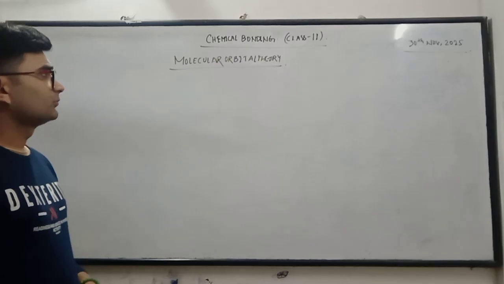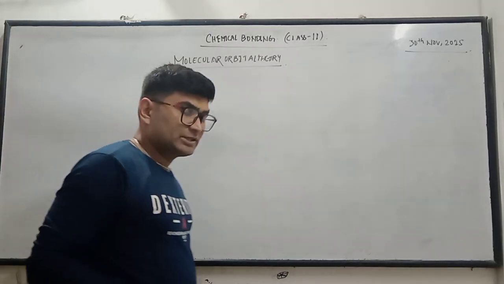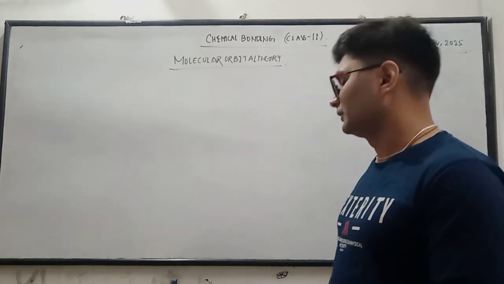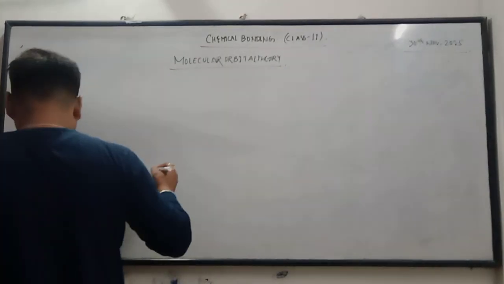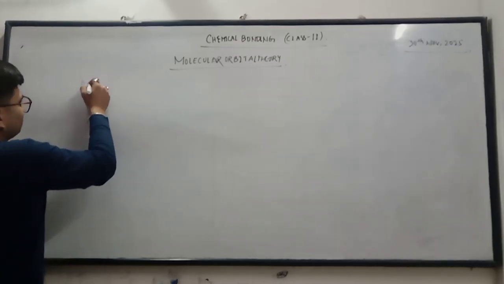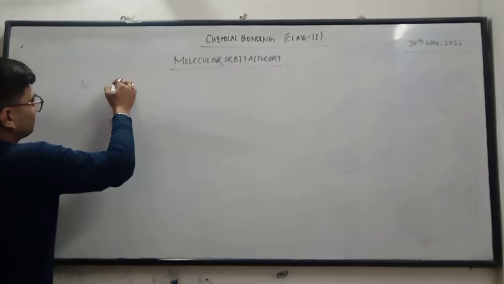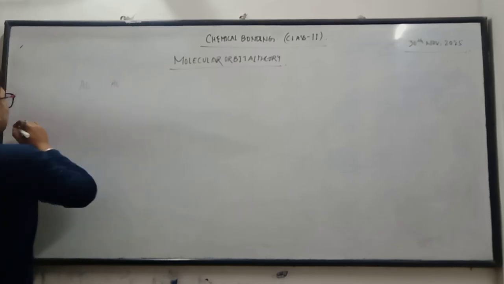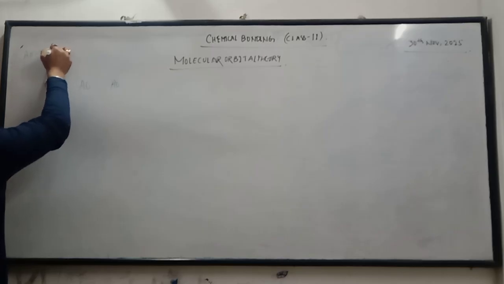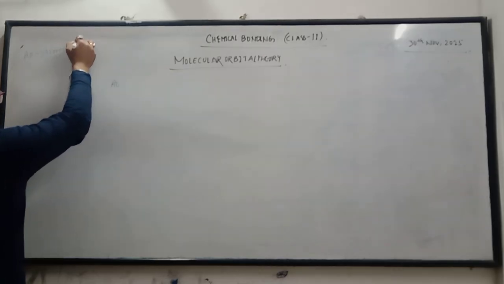Before explaining the theory, let us have some basic idea of molecular orbitals. Let us take two atomic orbitals, where AO means atomic orbitals.